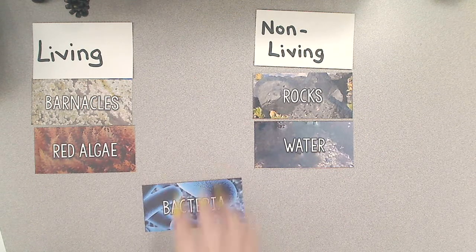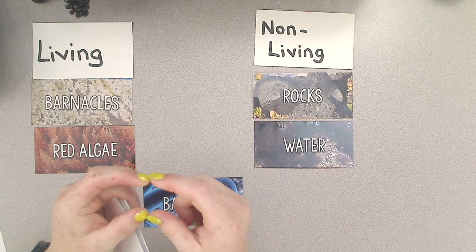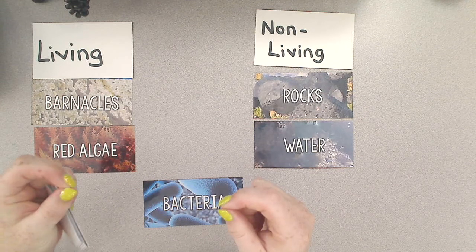Now this is an interesting one. Bacteria. Yes, bacteria lives in tide pools just like it lives on the surfaces in our lives. Bacteria is a microscopic organism that does reproduce. In order to reproduce, most bacteria actually split themselves. They start as one piece and they actually split themselves in half.